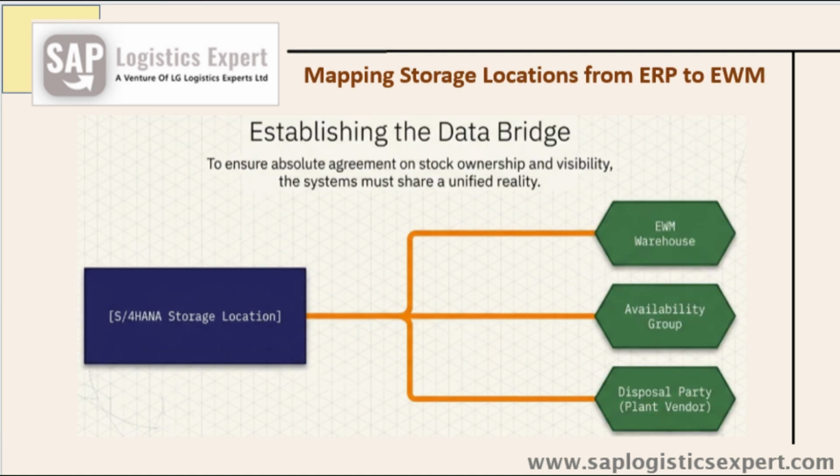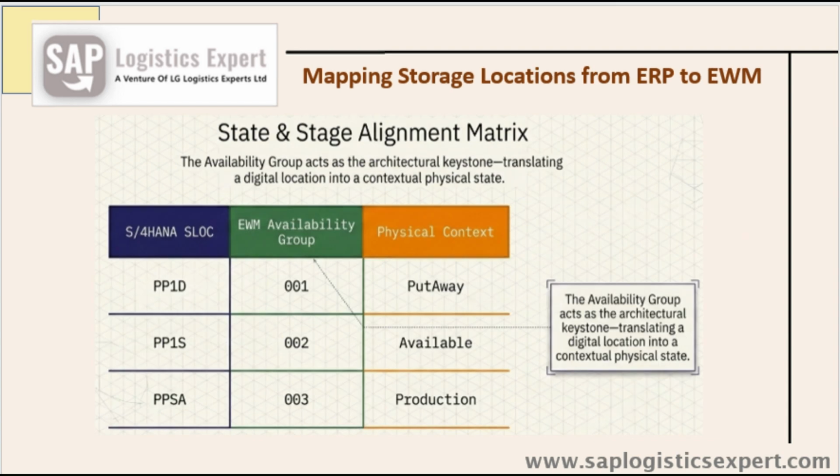Mapping storage locations from ERP to EWM. This is where the real integration happens. Each S/4HANA storage location must be mapped to an EWM warehouse, an availability group, and a disposal party, which is a plant vendor. For our car business we have mapped storage location PP1D to availability group 001, stock is still in put-away.